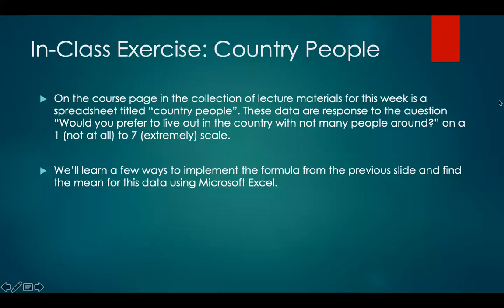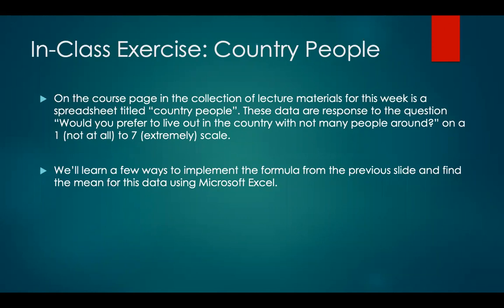So now I would like to do an in-class demonstration, and then I would like you guys to try to replicate what I've done yourself. I will make this data set available. So on the course page in the collection of lecture materials for this week is a spreadsheet titled Country People.